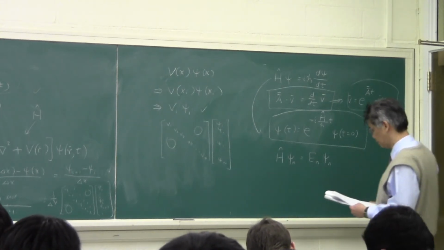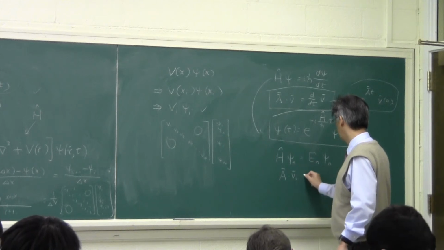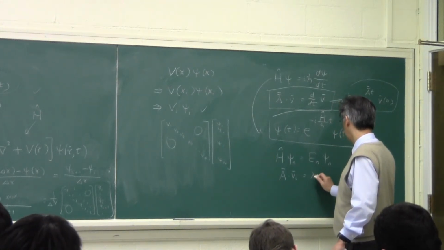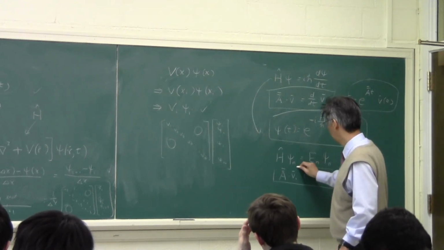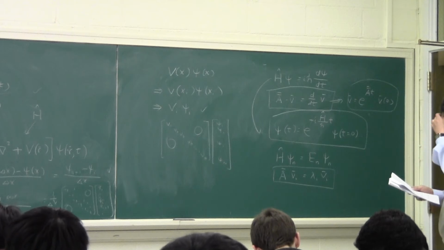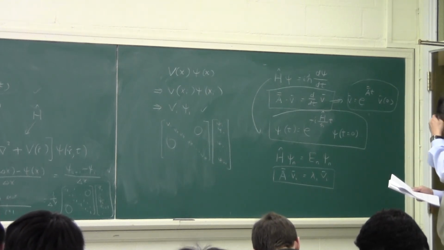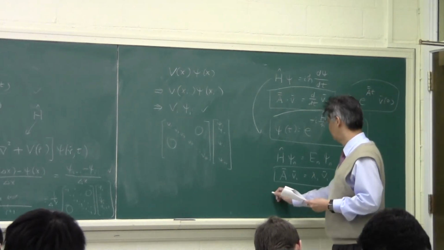So this is analogous to A dot b_i is equal to lambda_i b_i. So this is entirely analogous to this in linear algebra. And once you have that, then you can actually evaluate this equation for eigenfunctions very easily.